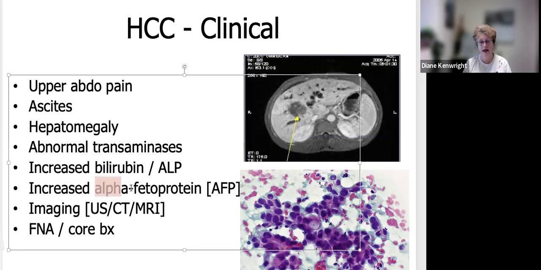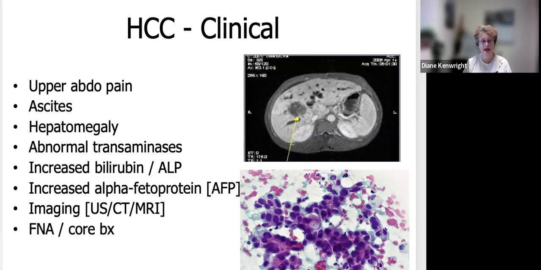In particular, I draw your attention to this. It has raised alpha-fetoprotein. Alpha-fetoprotein is an oncogene marker that is raised most commonly in 3 situations. First, it's normally raised in newborns. It's raised in men with testicular teratomas, and it's raised in liver cancer.